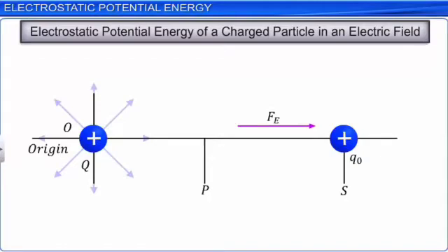The external force F required to move Q0 should be just about sufficient to overcome the electrostatic repulsive force Fe on Q0.